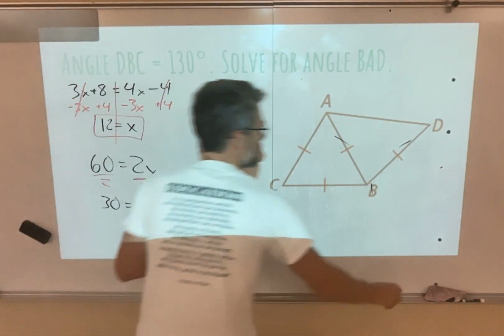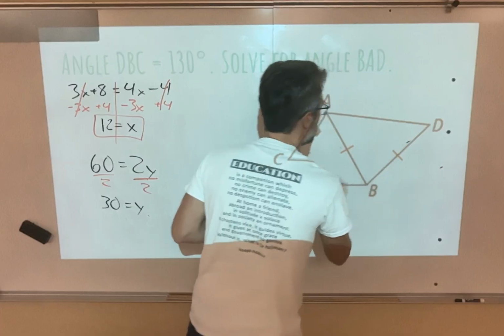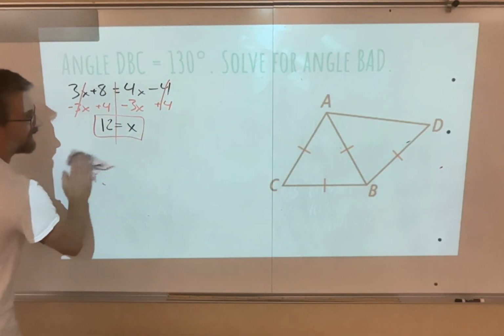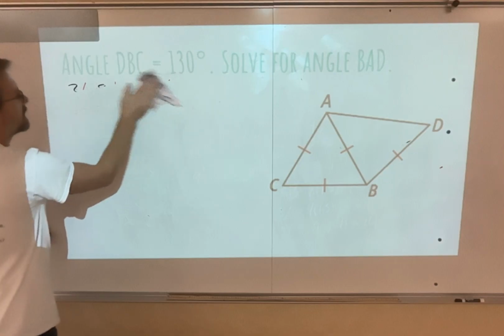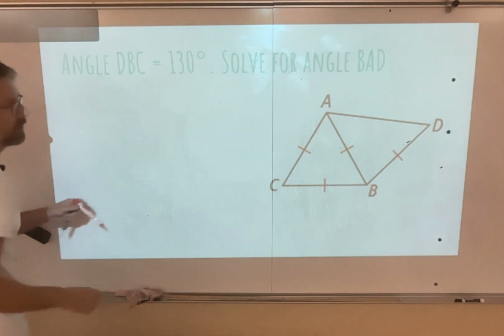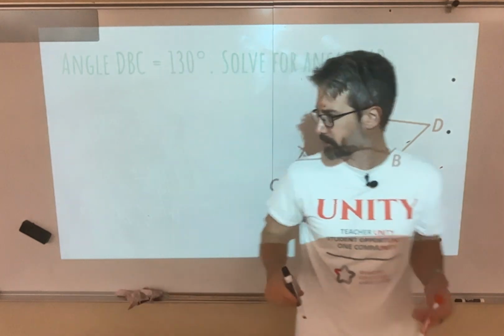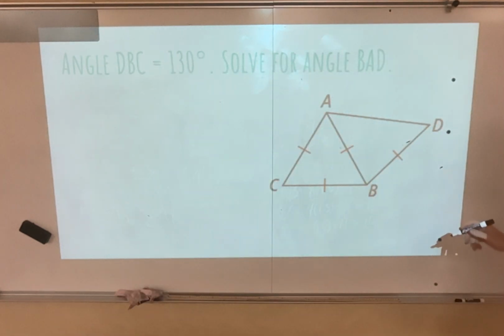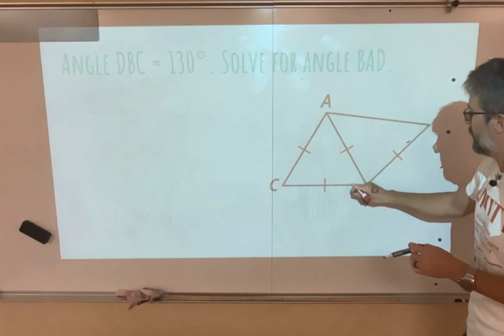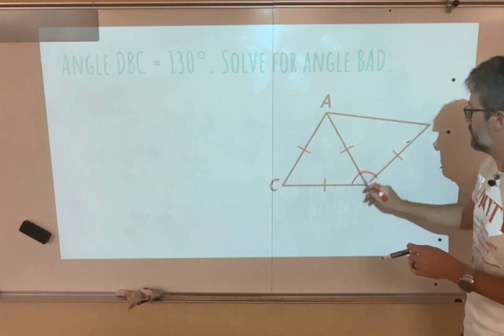All right, for this one, now we've got two triangles that are mashed together. At least we think. One of them is for sure equilateral. We might not know what the other one is. It says angle DBC is 130 degrees. So from D to B to C, so this angle right here is 130.